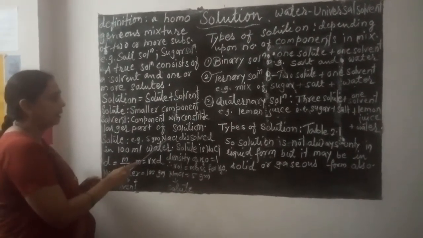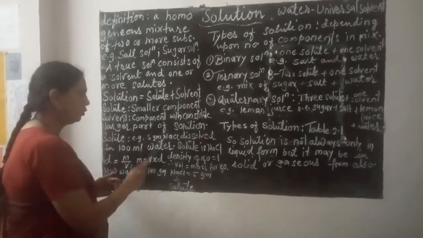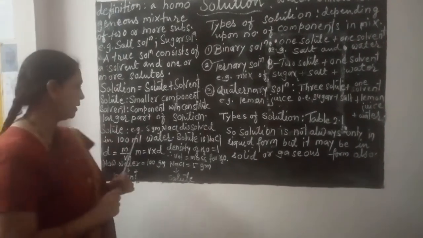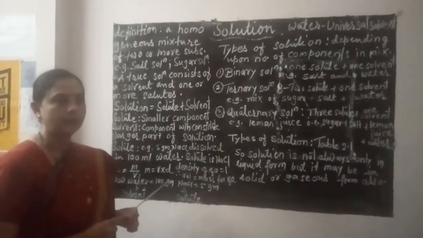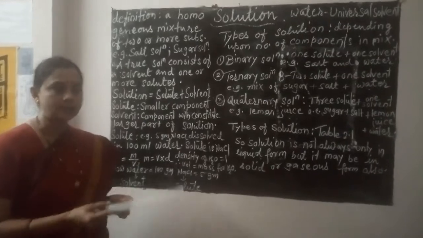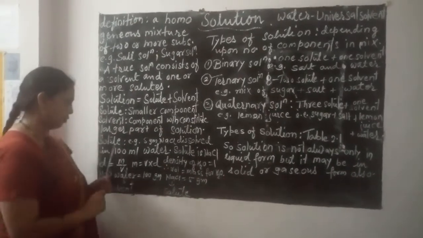Because the mass of NaCl, that means solute, present in the solution is in lesser quantity, and water is a solvent because by mass it is in larger quantity present in the solution.